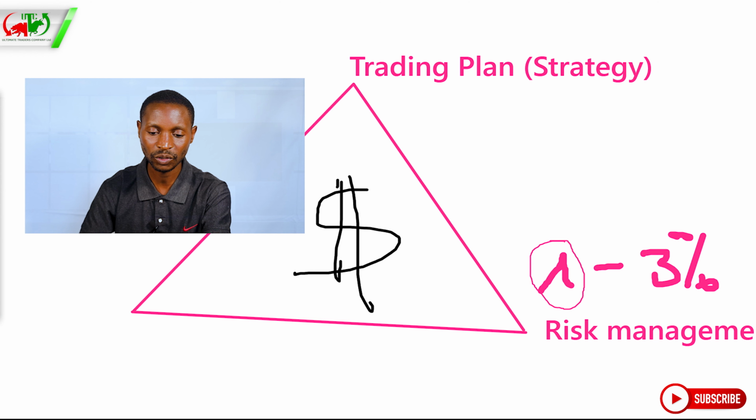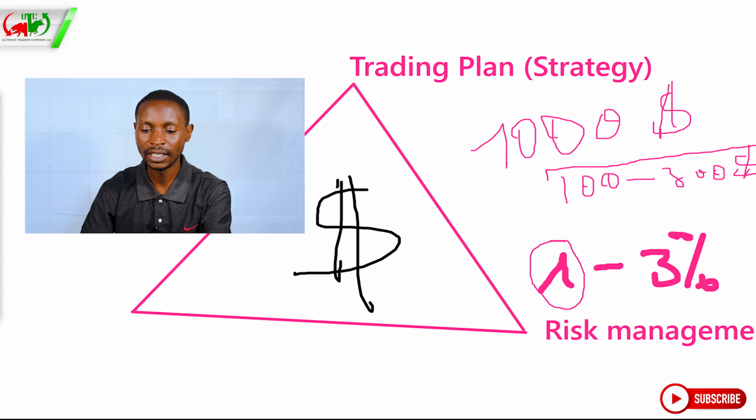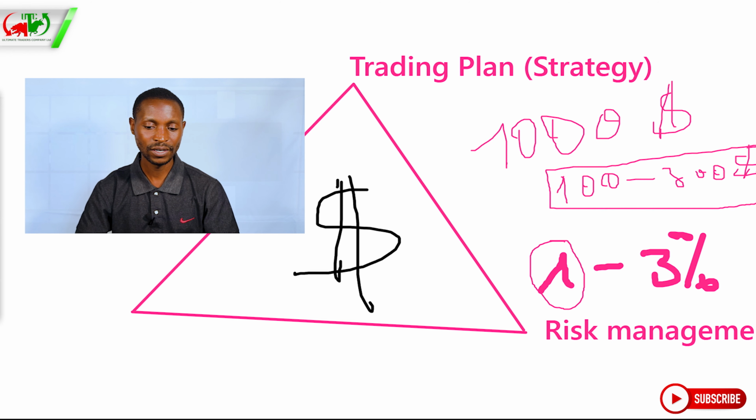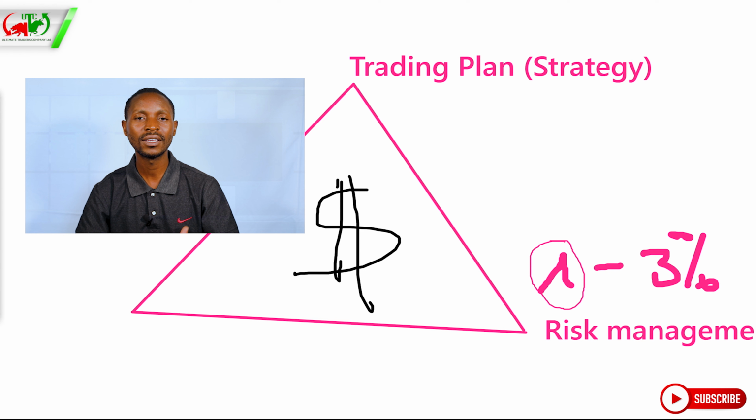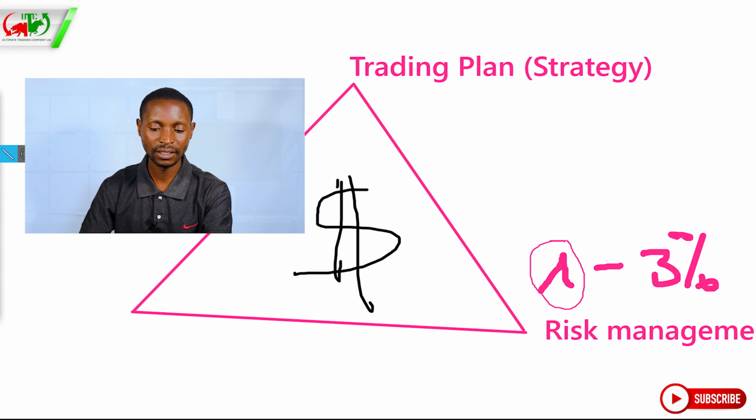This means if you have a capital of 1,000 US dollars, we recommend to risk from one single trade between $10 to $30 per trade. So this will limit the fear of losing all of your money, because you lose only a small chunk of your capital once the trade loses. Remember, in forex we don't need to win every trade in order to make money. We deal with statistical advantages.